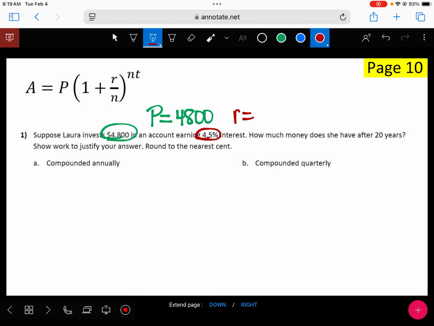So take 4.5 and divide it by 100 in your calculator. So what's 4.5 divided by 100? Yep. We want to know how much interest will be in her account after 20 years. So T is 20.